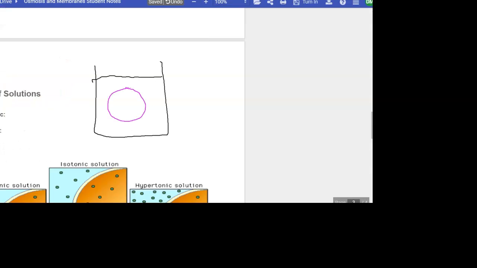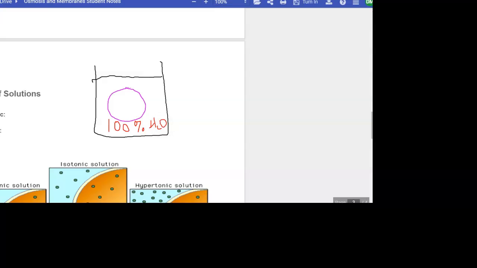So in your notes, if you would draw a beaker that's got water in it, and draw one giant cell inside that beaker. Okay, let's suppose that in that particular liquid there are no solutes, so it's 100% water.